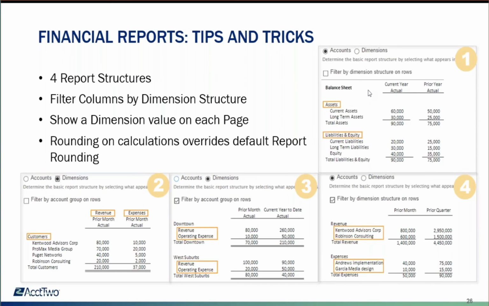Option number 1 is the one you're going to see most often, which is the rows are based on account groups. So in Sage Intacct, an account group is basically a subset of your chart of accounts, be that revenue, be that fixed asset, be that PP&E, whatever it may be. And these rows are based on account groups.